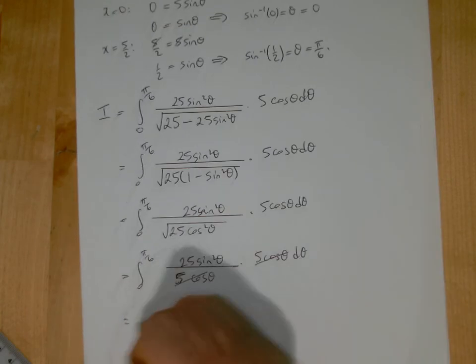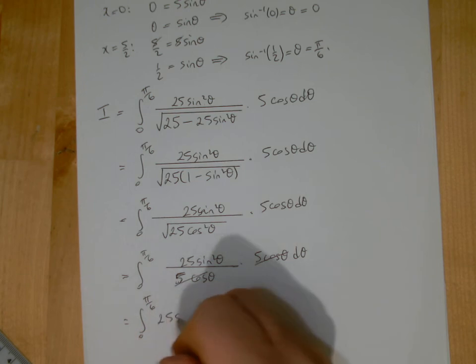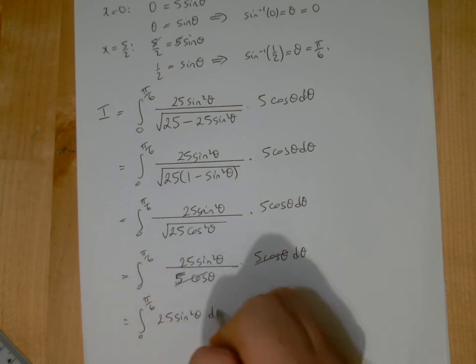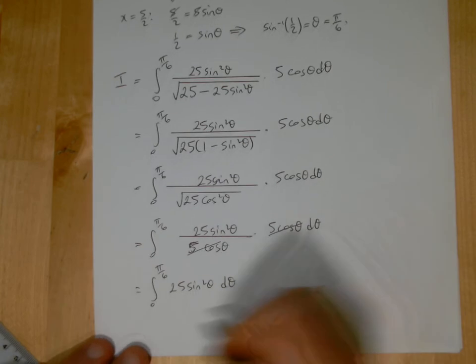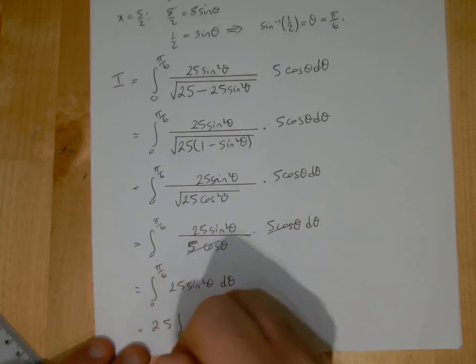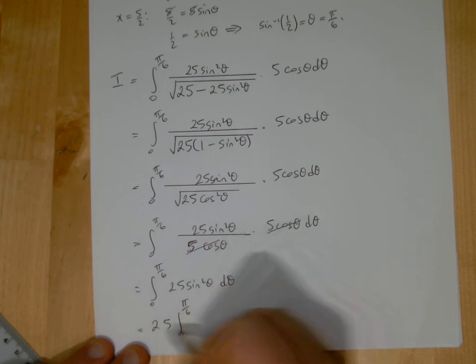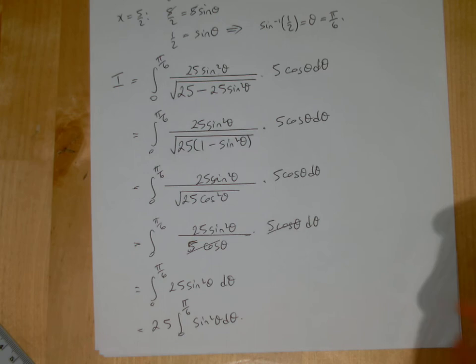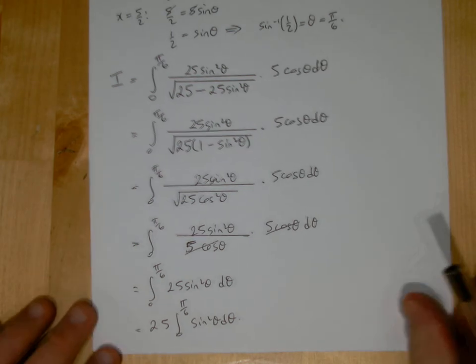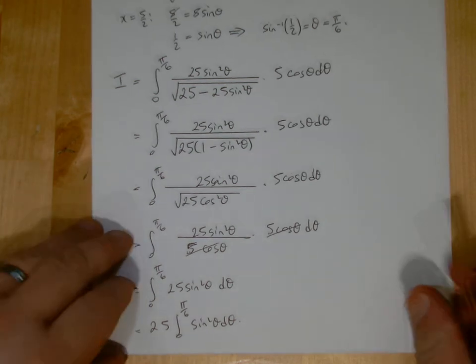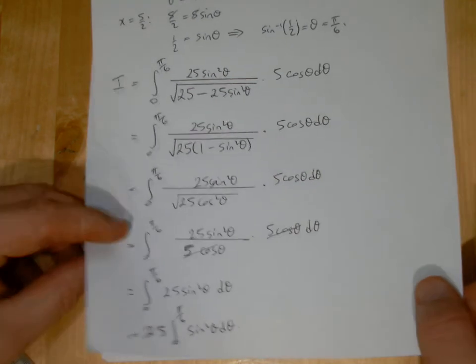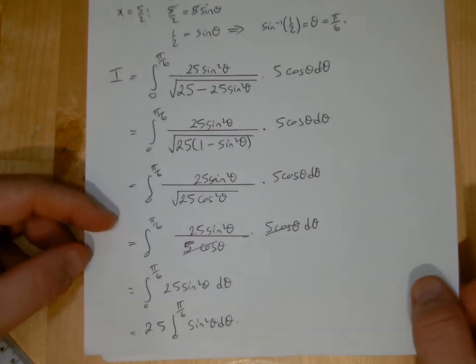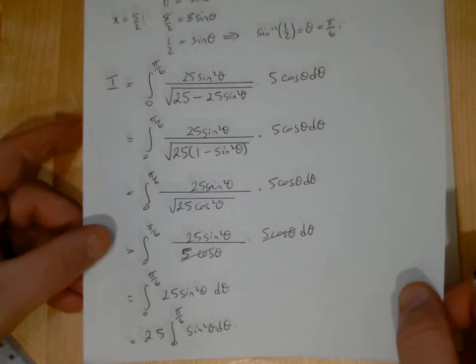So you're just left with the integral between 0 and pi by 6 of 25 sine squared theta d theta. Or you could write that as 25 times the integral between 0 and pi by 6 of sine squared theta d theta. And we're left to integrate sine squared. So this goes back to the video at the start, where you've got to integrate sine squared. And quite straightforward, isn't it, once you get used to it.